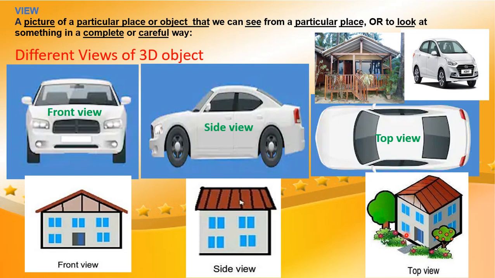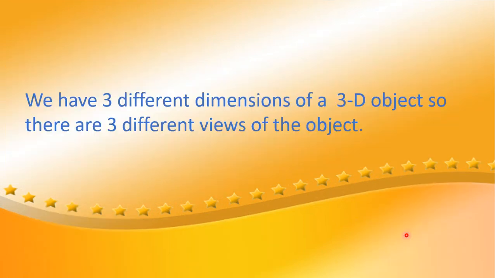So all these are the different views of a 3D object. As 3D objects have three dimensions, we can observe any 3D object from different views.